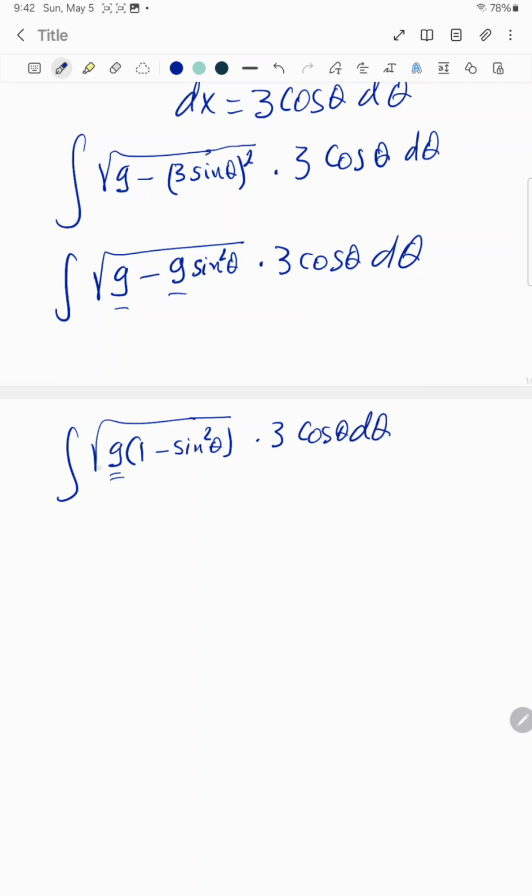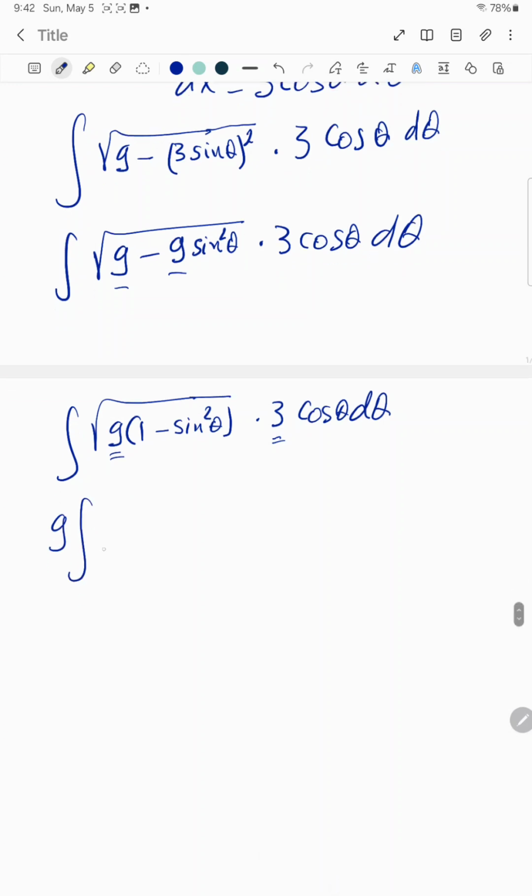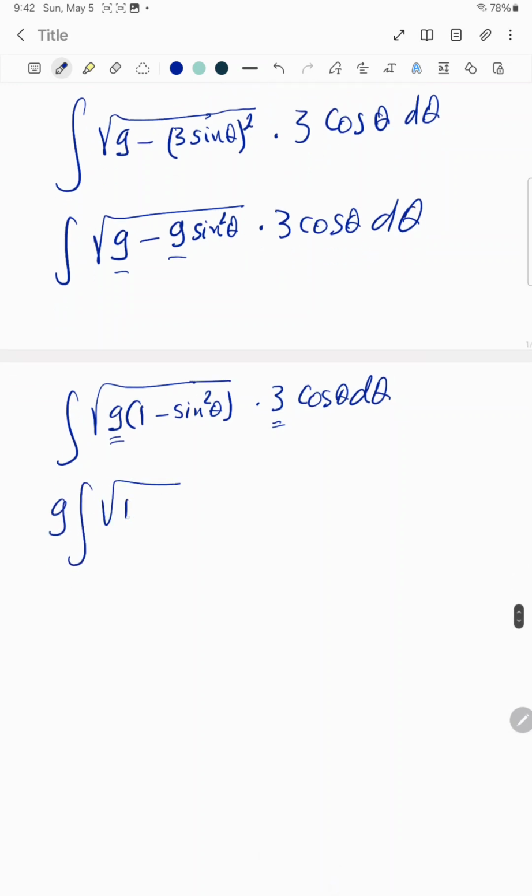The 9 goes outside my square root as 3, times this 3, so it becomes 9. And the 9 I can put outside my integral: 9 times the integral of square root of 1 minus sine square theta times cosine theta d theta, where this is under the square root.